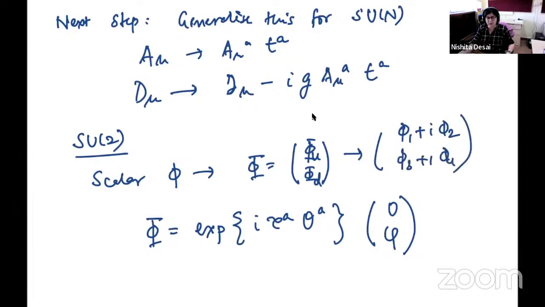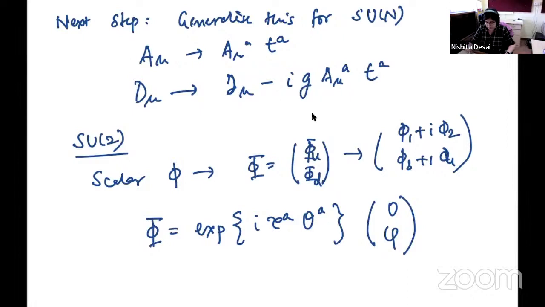So there are multiple ways of writing the same thing. But what you're essentially saying is that you can start with something that has just one real component, and you can rotate in this SU(2) sphere to get any other point on that sphere, as long as you don't change the distance from the origin.